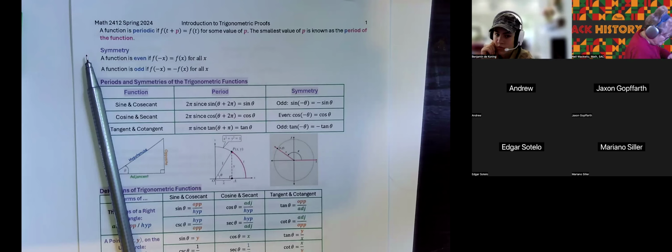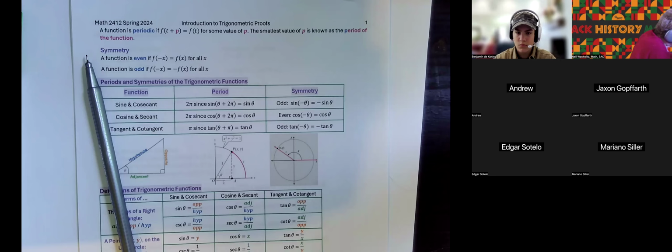Different colors. Where's my blue? Oh, here it is. So our friend cube root is odd because every number on the first quadrant part maps to a number in the third quadrant.